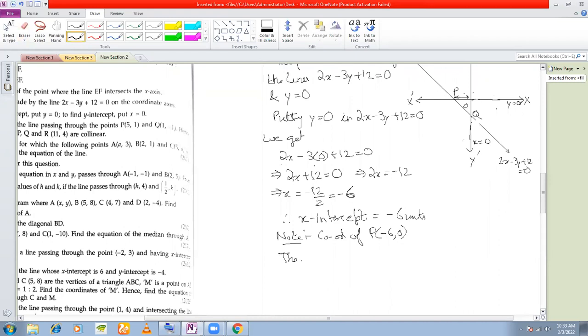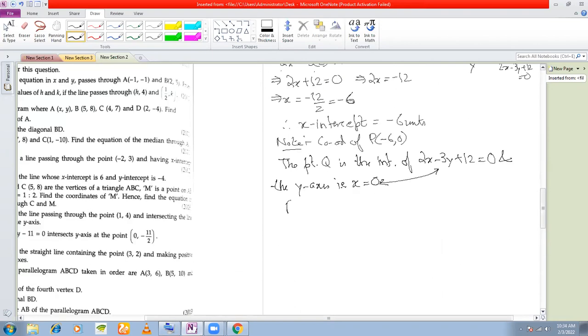The point Q is the intersection of 2x minus 3y plus 12 is equal to 0 and the y-axis, that is x is equal to 0. So you need to solve these two equations, right?